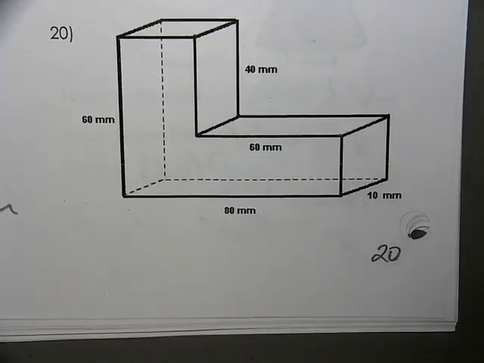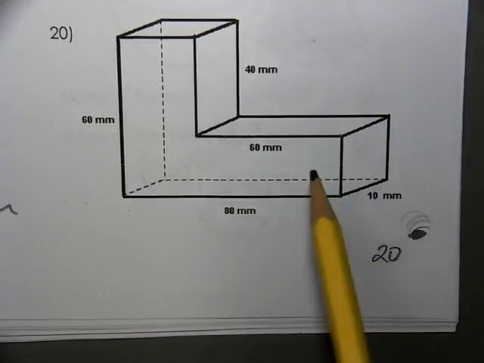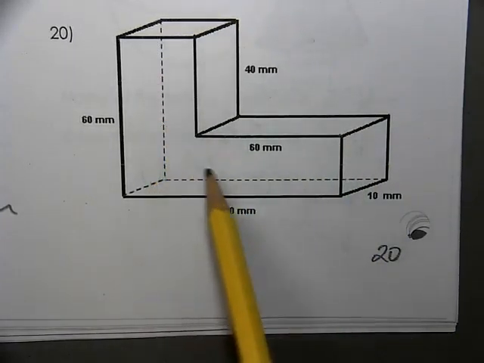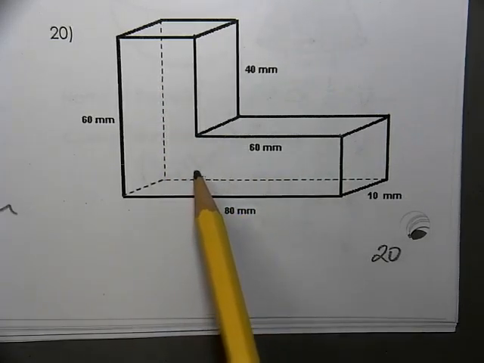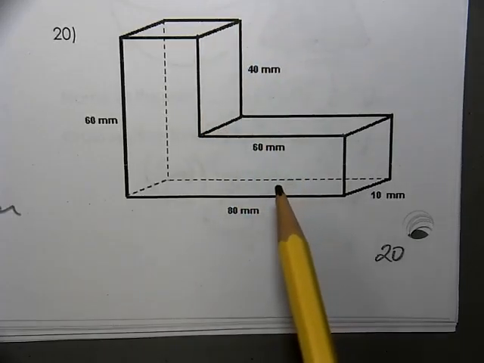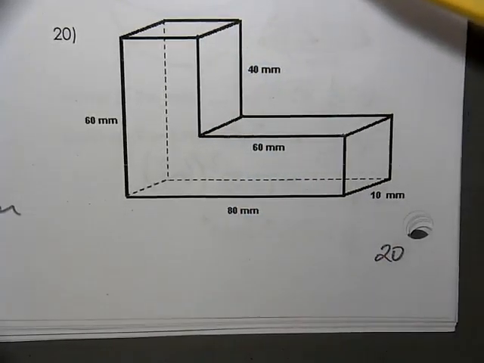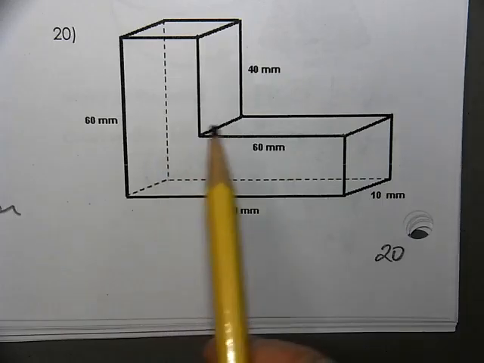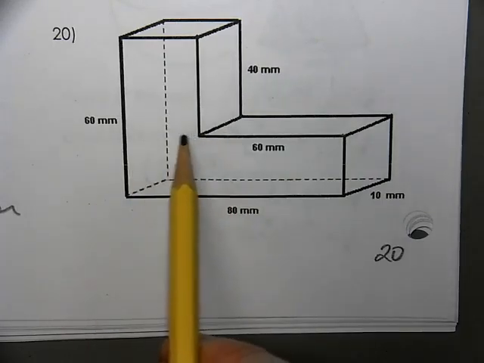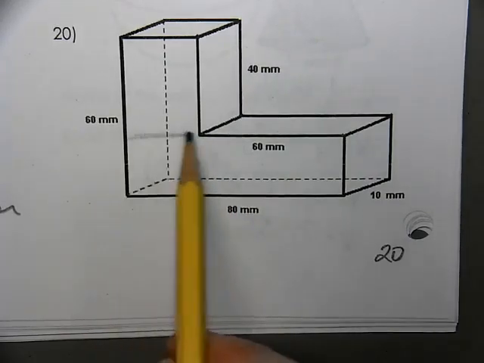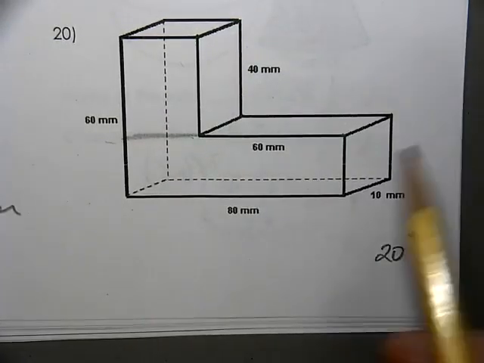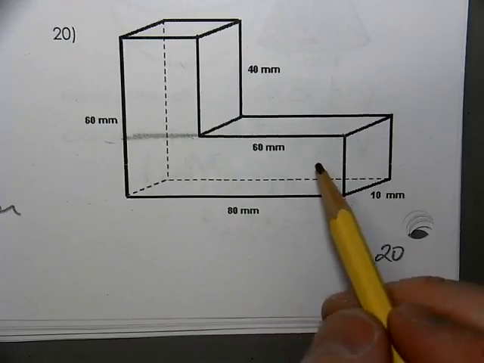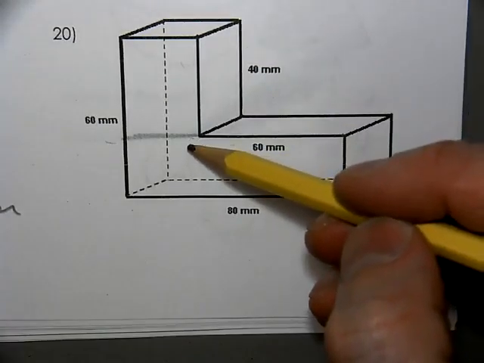Last one. This funny shape. We could find the area of this L shape, and then we could multiply it by the depth. To find the area of this L shape, let's come all the way through here. Your choice on if you want to come across or down. But what is our height?